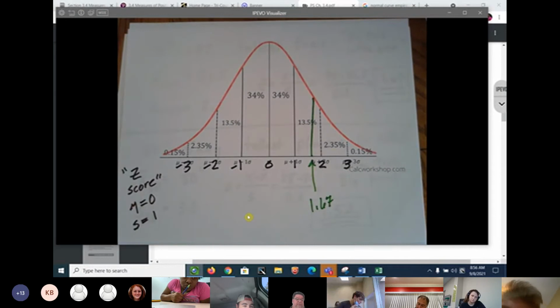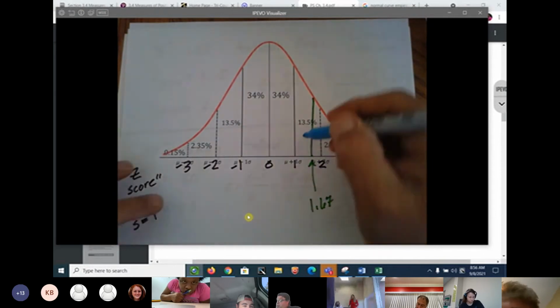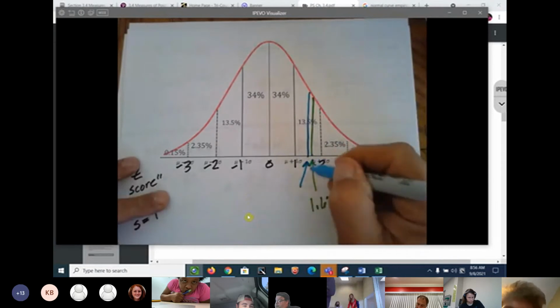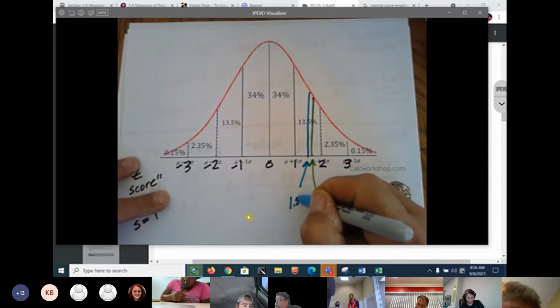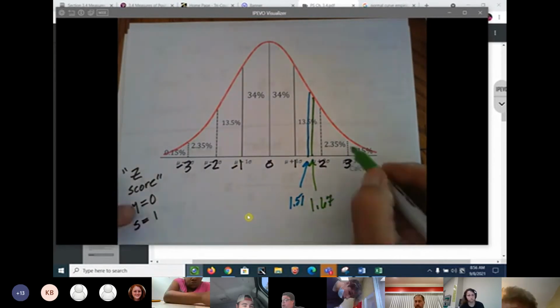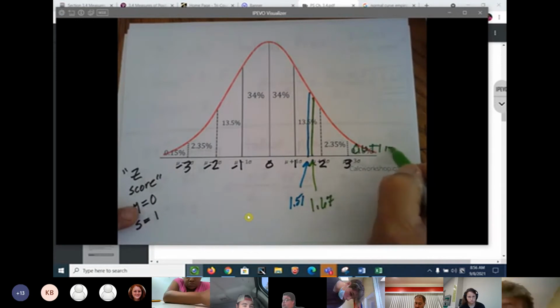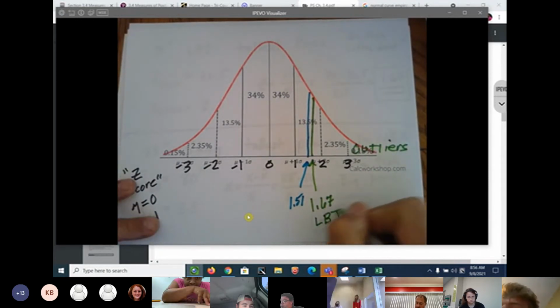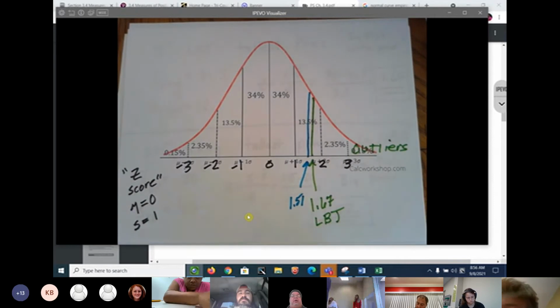And where is 1.51? 1.51 is right in here. Who is closer to the outliers? The president. I didn't hear you. President. LBJ is closest to the outliers.